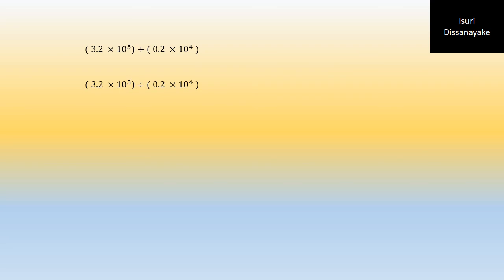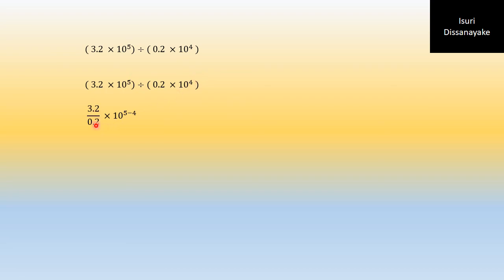So the first thing is where you write down 3.2 divided by 0.2 separately. Then you have to multiply it by 10 to the power 5 and 10 to the power 4. So you know when you divide, you can subtract the powers.